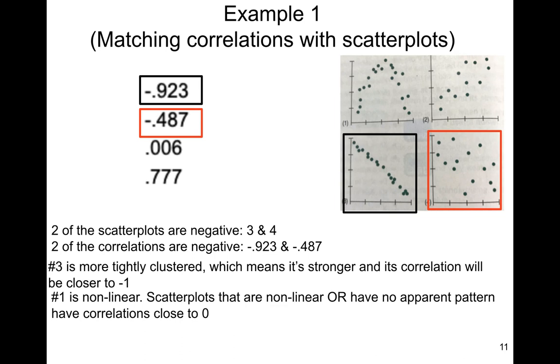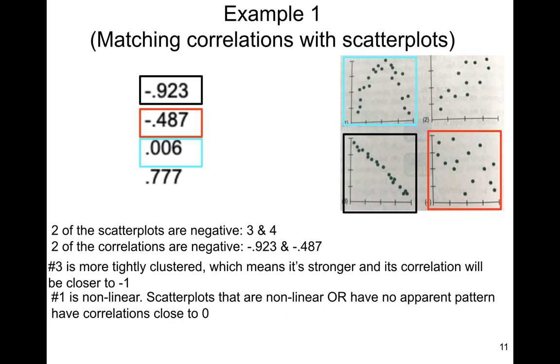I also noticed with the 2 remaining ones, scatter plot number 1, which I outlined in blue, is not a linear pattern, it's a curved pattern. And we know that scatter plots that are nonlinear or have no apparent pattern have correlations closer to 0. So that means scatter plot number 1 is going to match with the 0.006 since that is the closest one to 0.